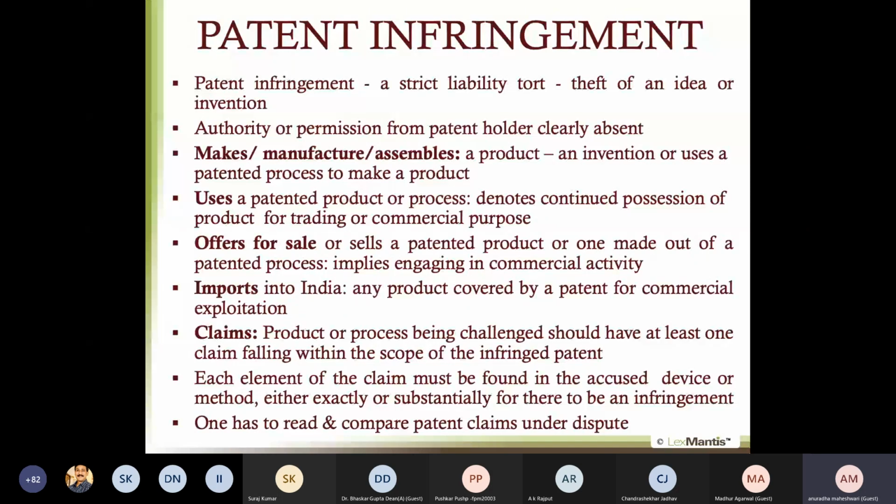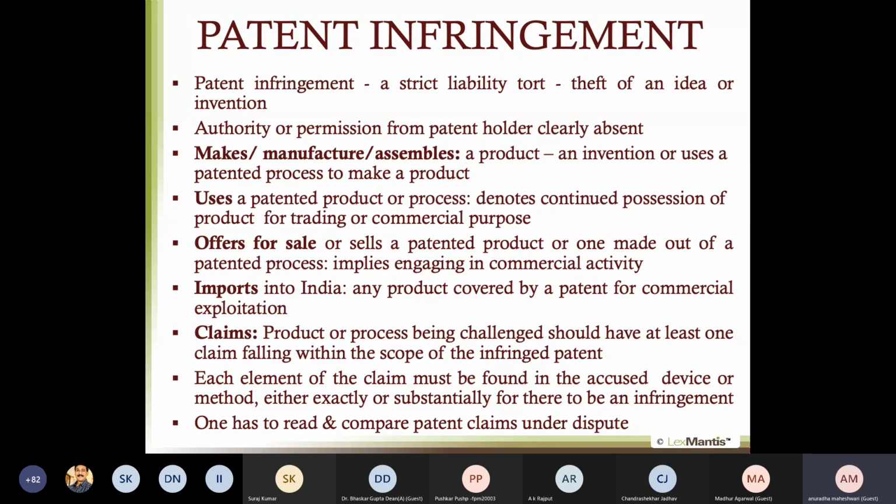We come to patent infringement, which I want to talk to you about, which is basically the area where the trouble lies. It is basically a tort, a theft of an idea or an invention, when one person, without the authority or permission of a patent holder, makes, manufactures or assembles a product which is an invention and which has been patented, uses a patented product or process or continues to do so, offers for sale or sells a patented product or process and implies engaging in a commercial activity thereof, or imports into India any product covered by a patent for commercial exploitation.